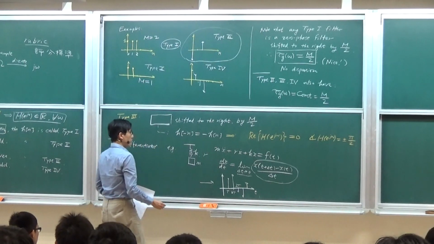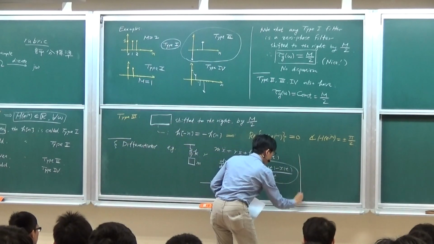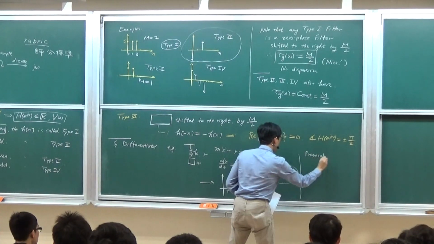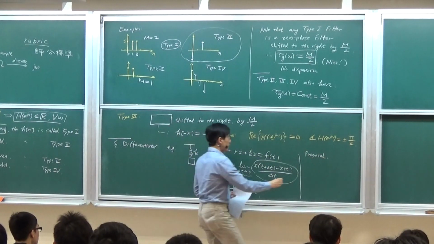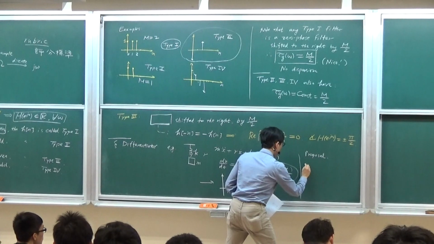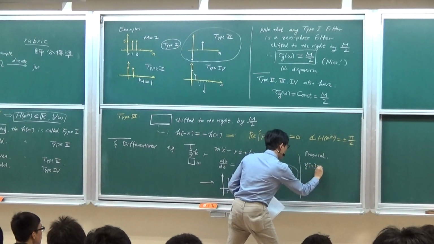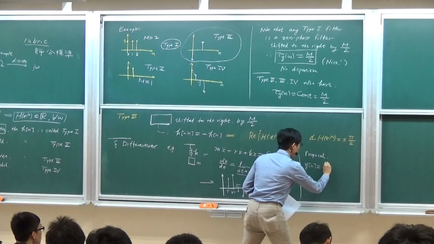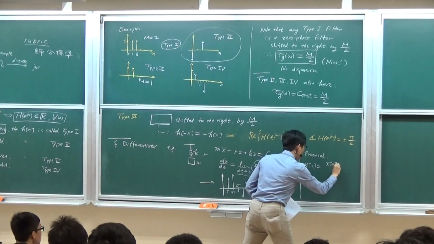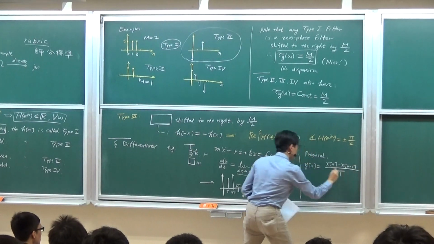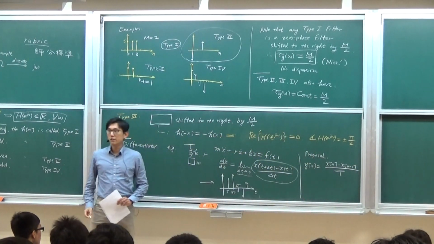Then here is my proposal: a simple way to think about differentiation is to define y of n as x of n minus x of n minus 1, divided by the sampling period. Does that make sense?